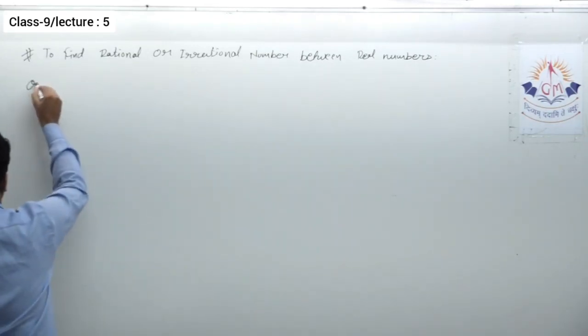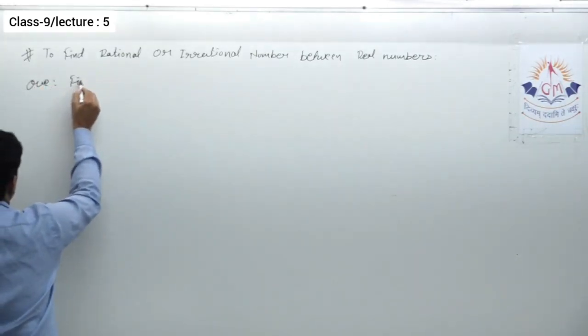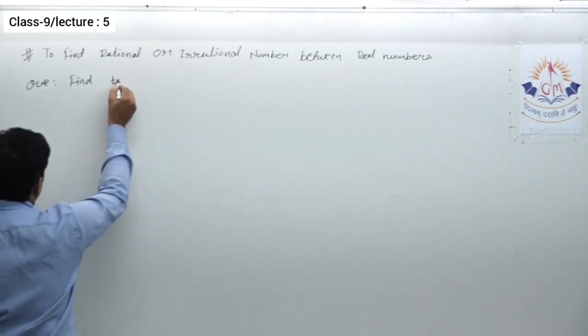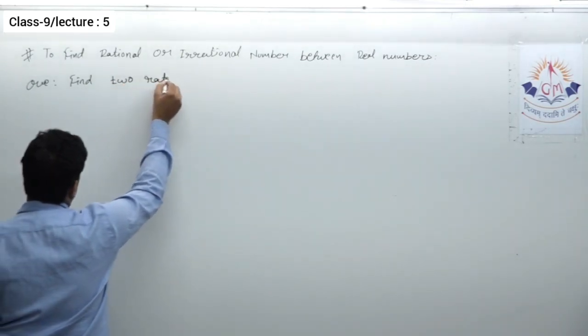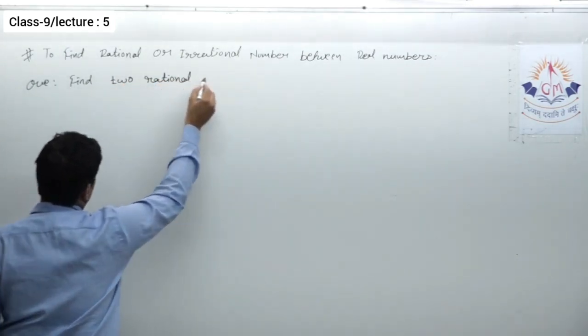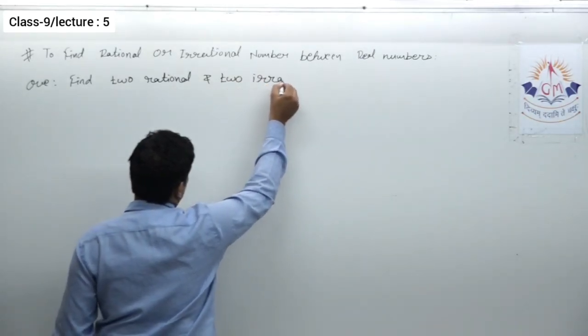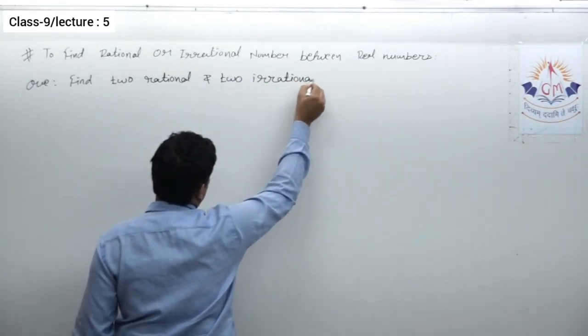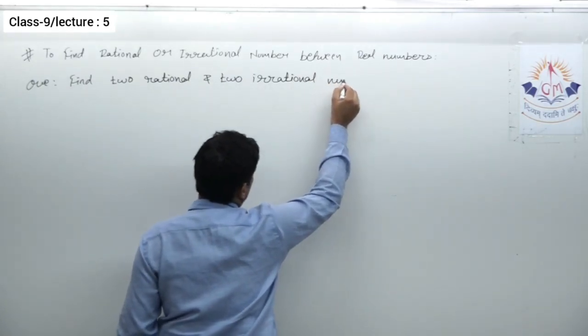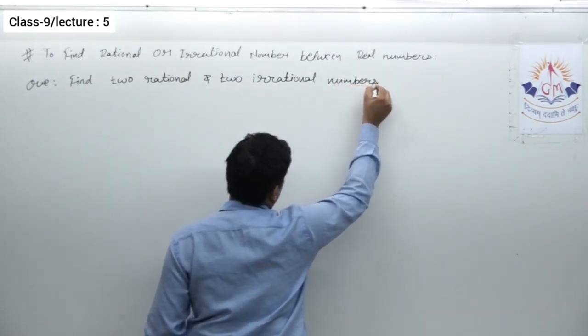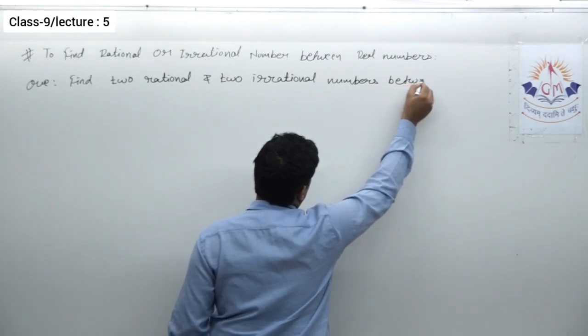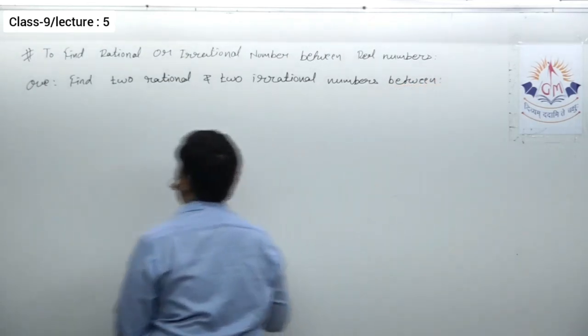So the question is, find two rational and two irrational numbers between. Now this "between" I will change each time.